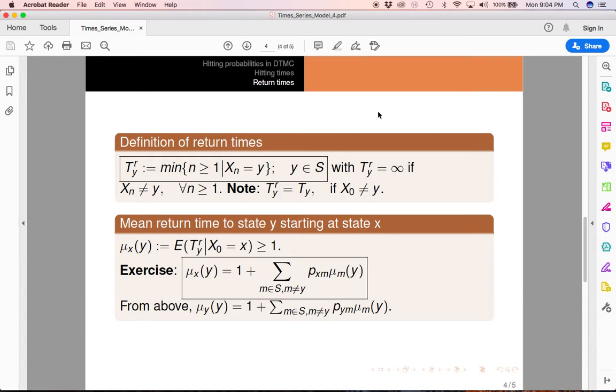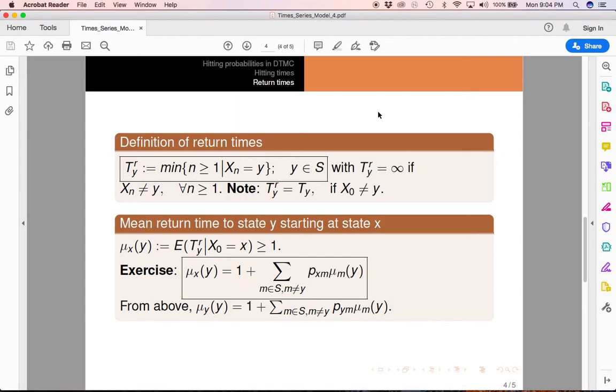Okay, so I will not go over the calculation of the mean return time to state y starting with state x, because it follows very similar steps to what we just went over in the previous two slides to calculate the mean hitting time and the probability of hitting a given state. But I will just mention this relation here, and I would ask you to work this out as an exercise.